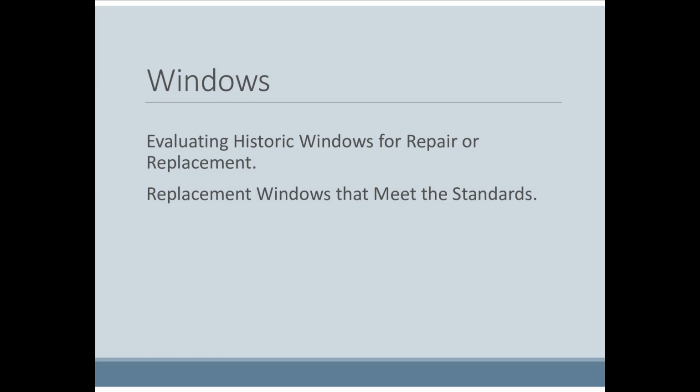Any determination about what to do with the windows in a rehabilitation project must begin with evaluating the existing windows if they are historic. Replacement windows should be considered only if the existing windows are not historic or are missing altogether.